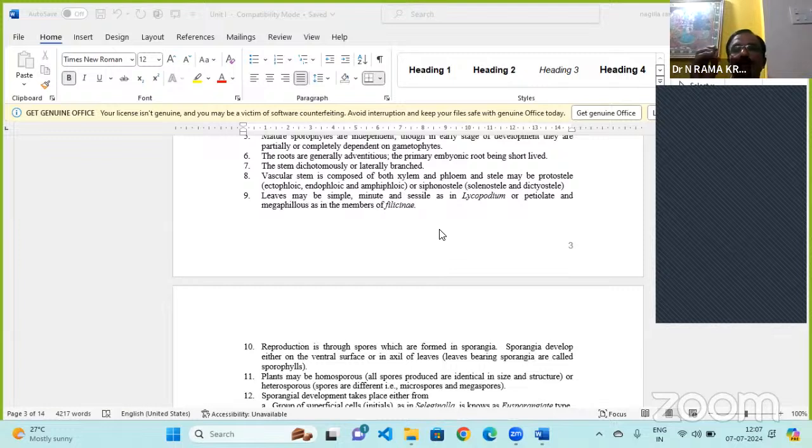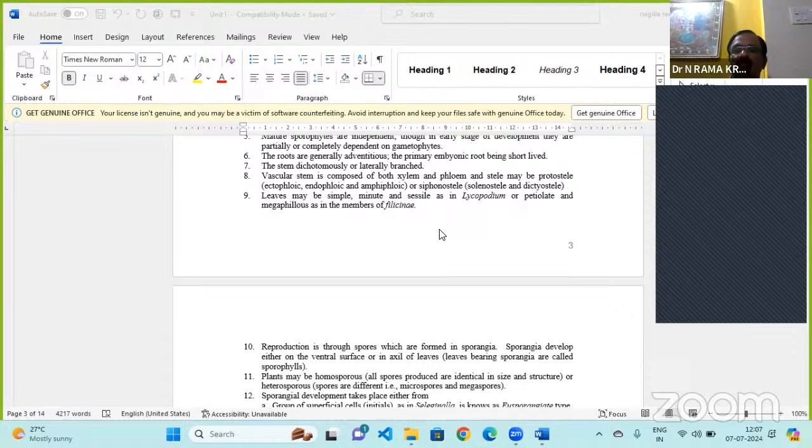Two types: homospores and heterospores. Homospores, for example, are in Lycopodium and Equisetum. The heterospores are in Selaginella and Marsilea.